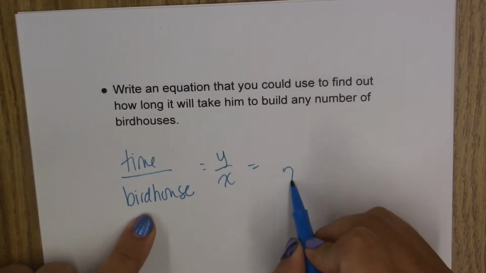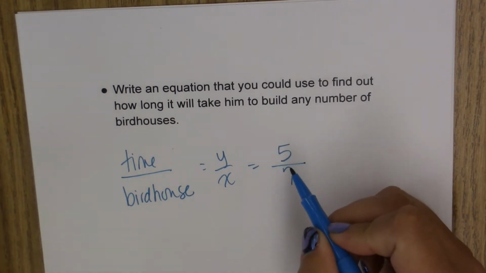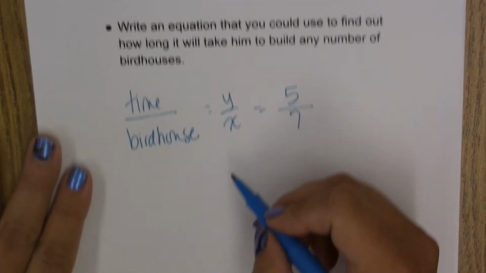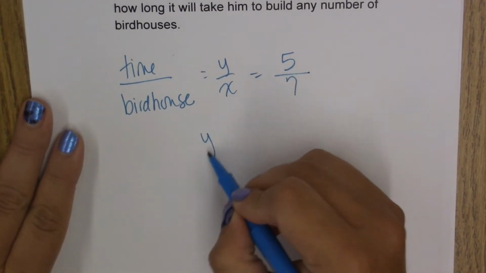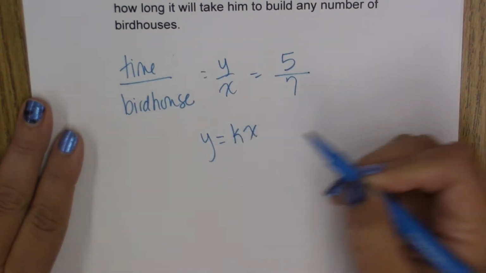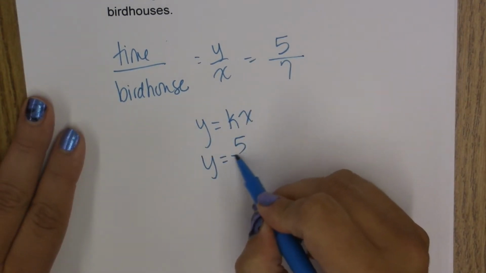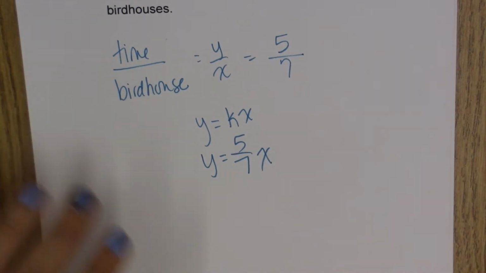So 7 birdhouses in 5 hours. So this would be our k value. Now remember our general form of our equation, y equals k times x. So our equation would be y equals 5/7 times x.